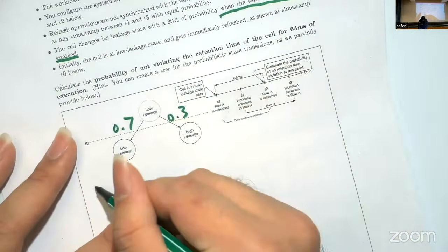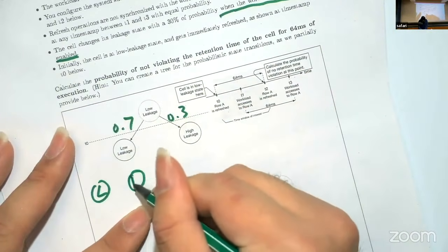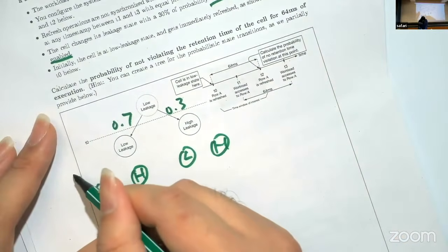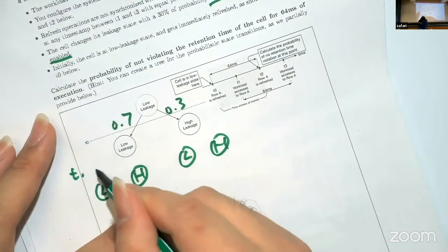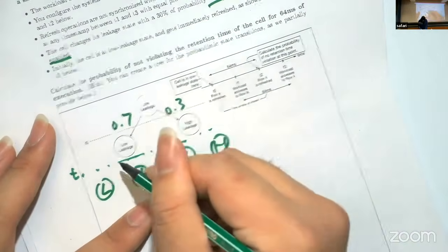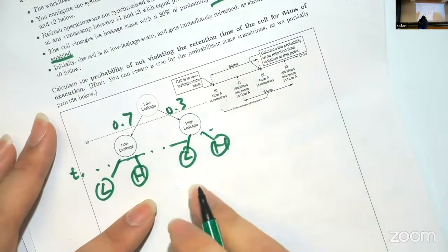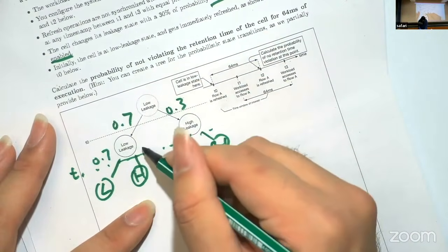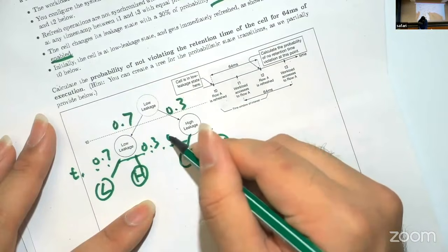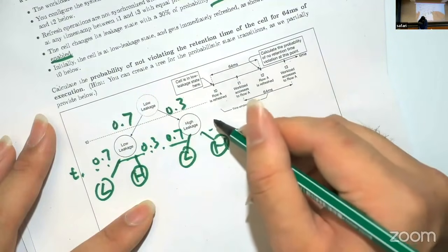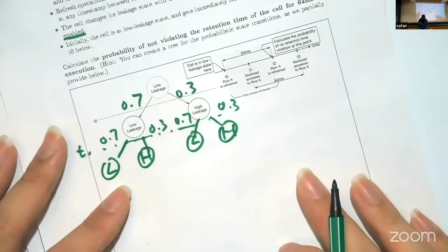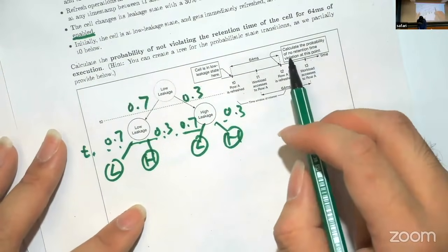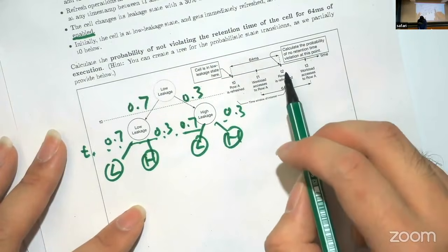Then similarly, let's use L and H to denote the low and high leakage states at T1, when the row is accessed by the workload. We also have these four outcomes, and the chance of staying is still 0.7, changing is 0.3, staying 0.7, changing 0.3.